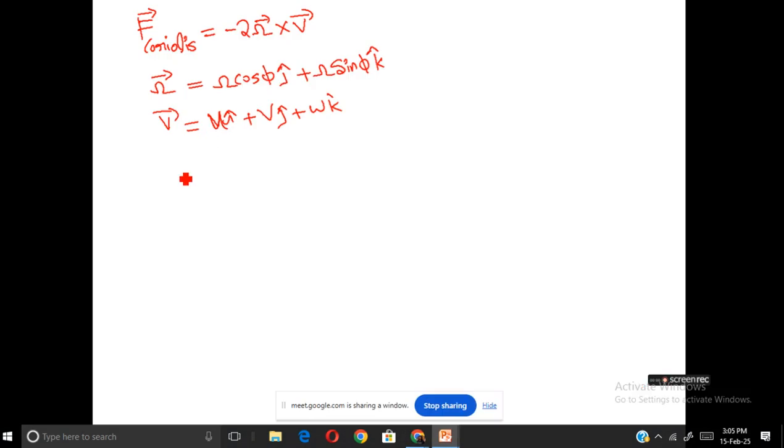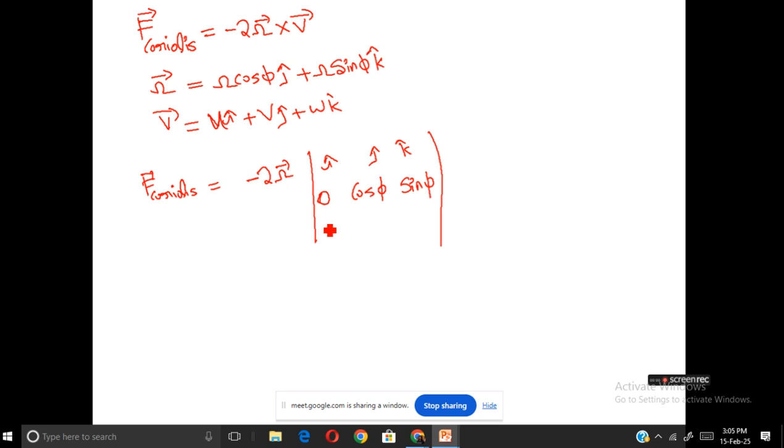And then we calculated the Coriolis force, which is the cross product of 2 omega and v, given as minus 2 omega into the determinant with rows i, j, k. The first row is the unit vectors, the second is the omega term, which is 0 along the i direction, cos phi along the j direction and sin phi along the k, and then the velocity components u, v, and w.